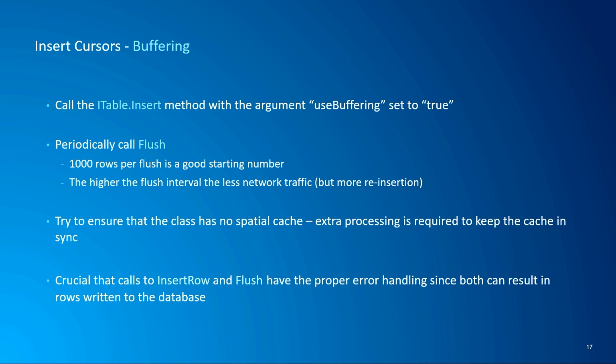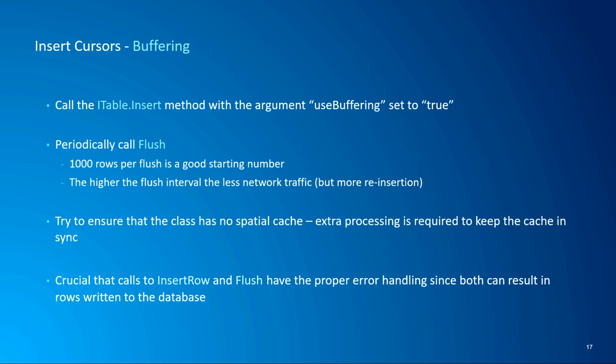Then you will be responsible for periodically calling flush on the insert cursor in order to push it out to the database. A good rule of thumb is to use maybe 1,000 rows at a time. The higher the number or the longer that you wait, the less network traffic you'll have. But if an error occurs during that operation, you'll have to do more reinsertion of those features that you are inserting.